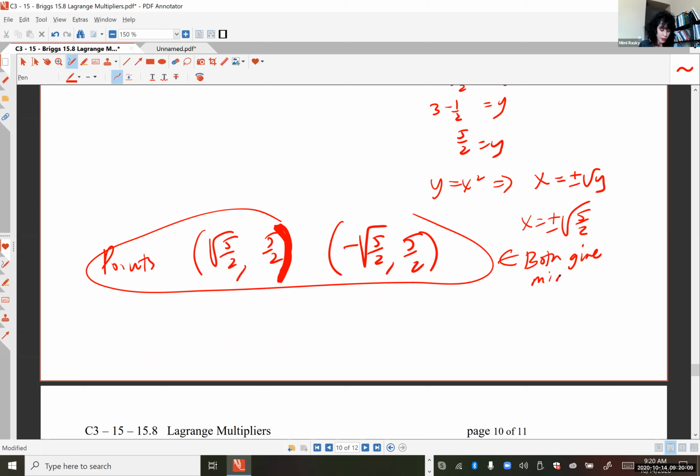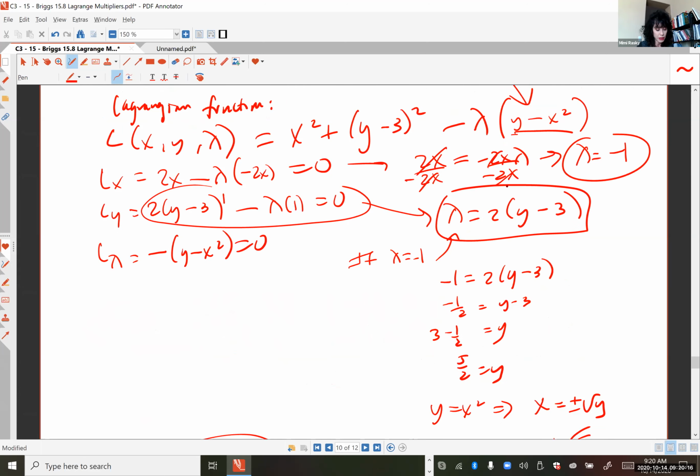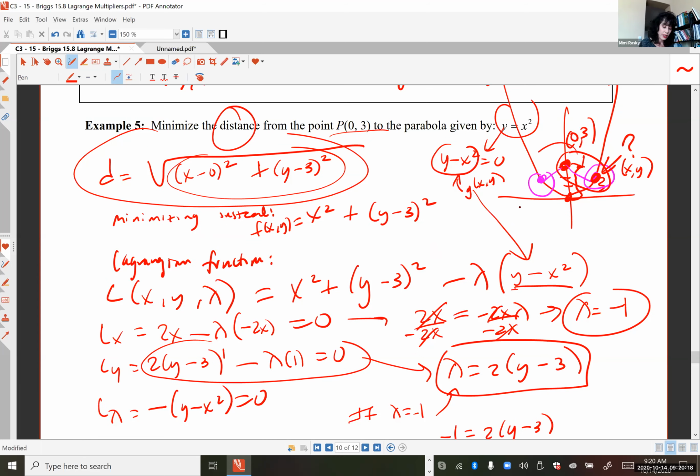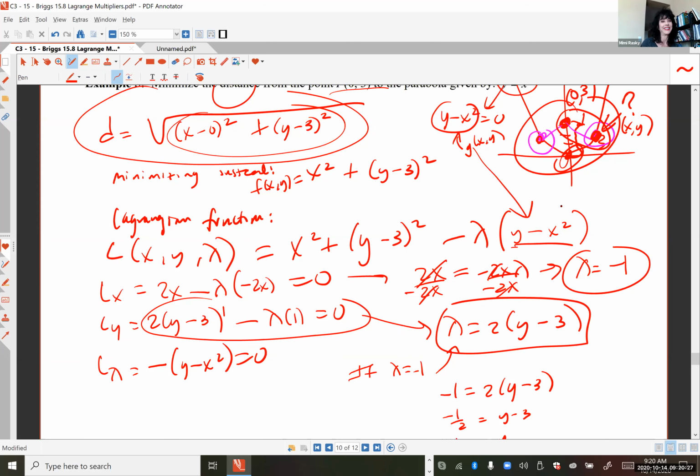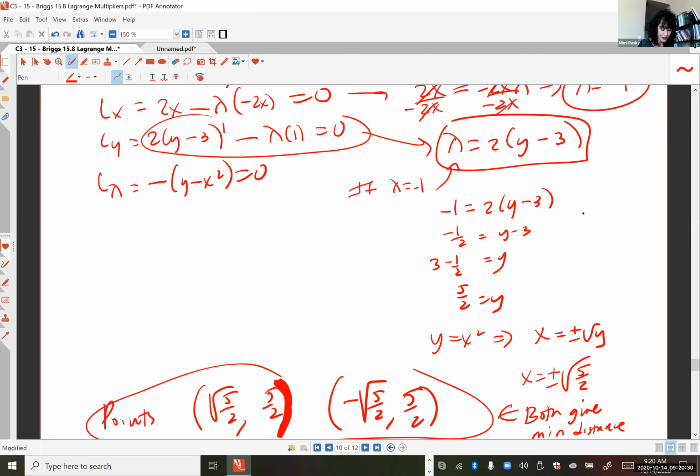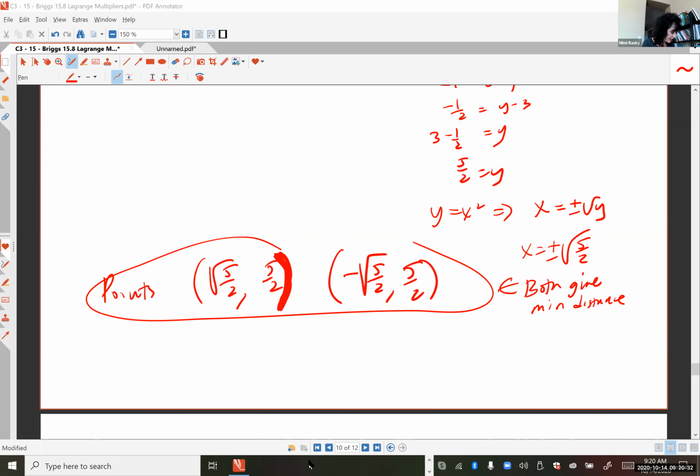Now, remember I said, are these 2 guys really the minimum? So if you look at the little graph I drew up here, remember we were talking about these points over here, but is the actual distance really less than that vertex? Because we were kind of guessing it looks like the point 0, 0 might be the closest guy. And it turns out if you actually plug either of these points into your function, it doesn't matter when you square a negative.